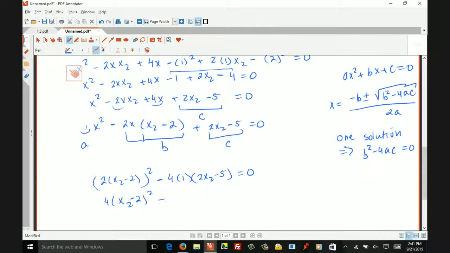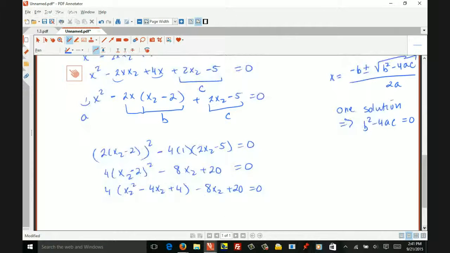We'll get to foiling in a minute. Minus 8x2 plus 20. And then that becomes x2 squared minus 4x2 plus 4. It's not gone. It'll just be minus 4. So 4x2 squared.